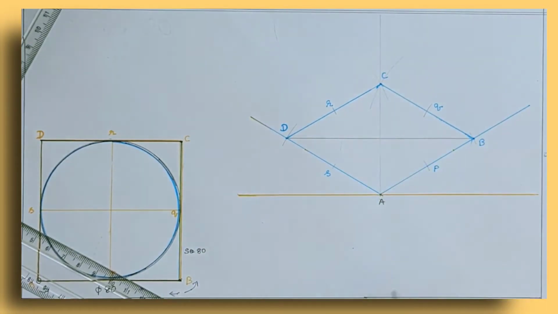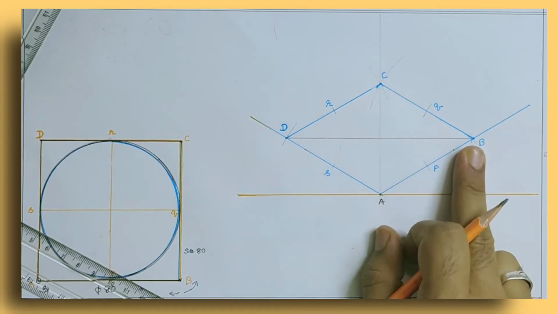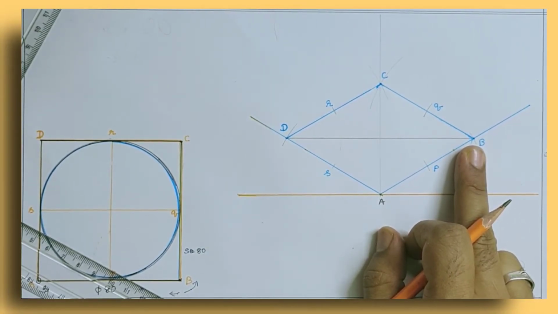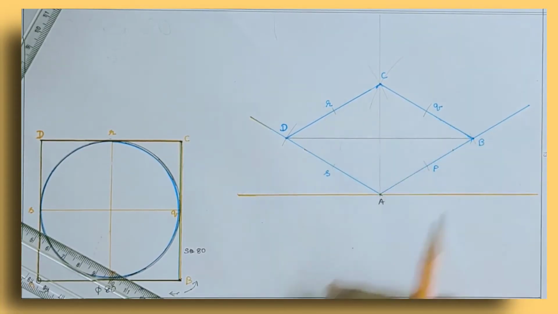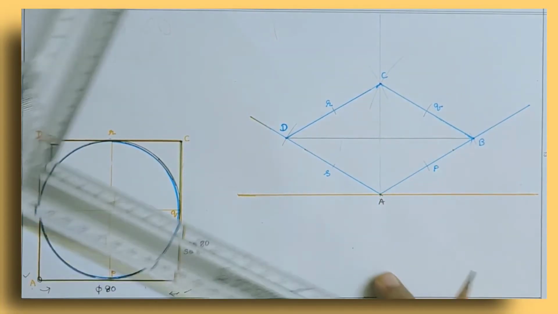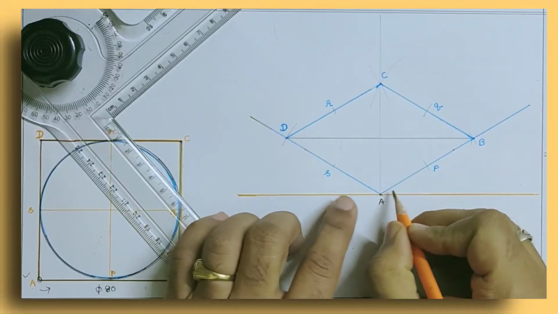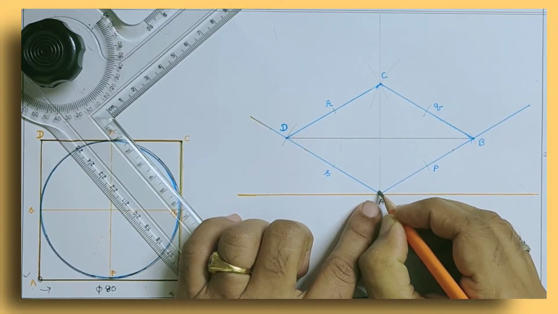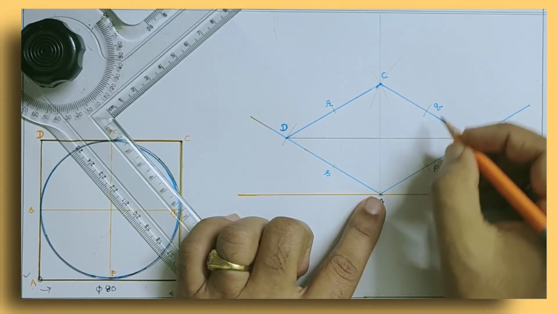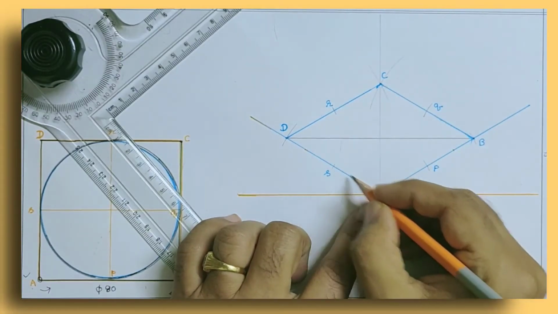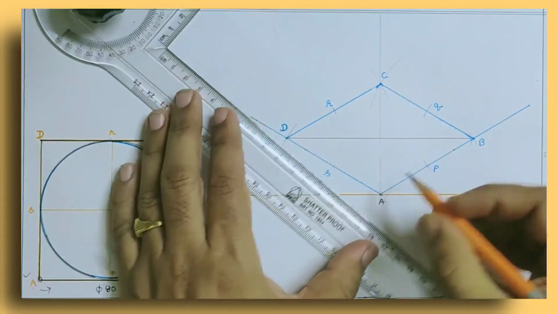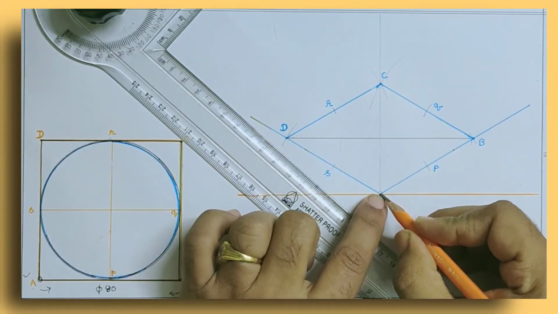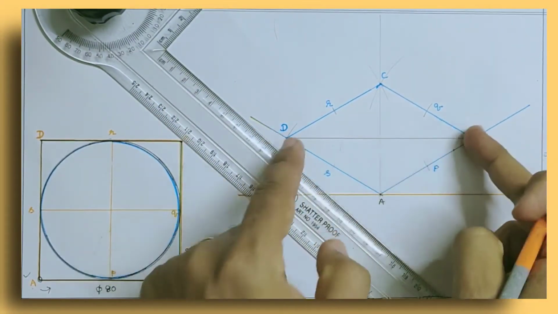Now, after drawing the line DB, you have to get the points of intersection on this line. These are the 4 centers. This is the first center of the curve, and this is the second center of the curve, that is the arc here. We need to get 2 more. To get that, take the points opposite to the larger diagonal.